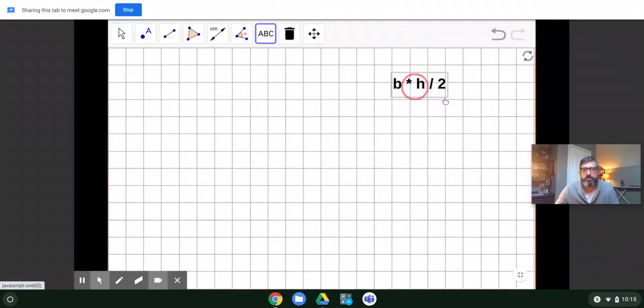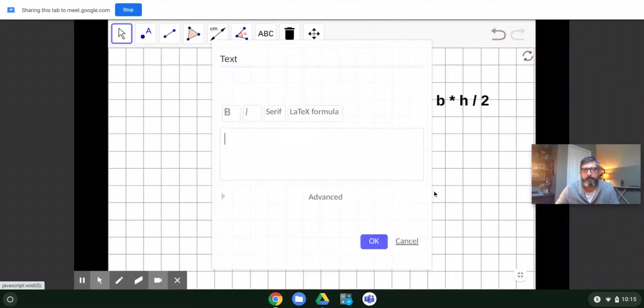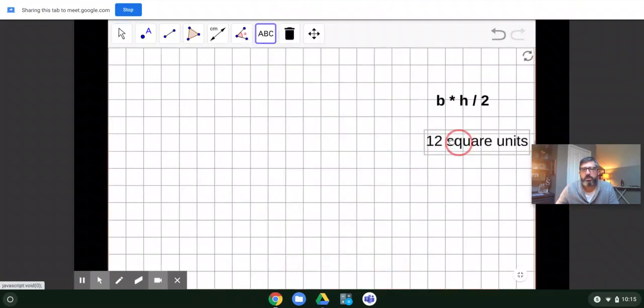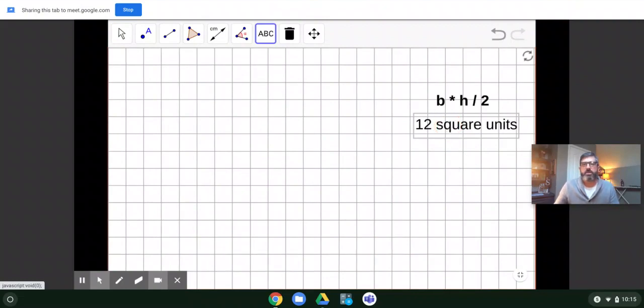All right, so let's move this out of the way. In this case, we want our area to be 12 square units. So if you recall, when we found the area of a parallelogram, we did that by using the formula base times height.